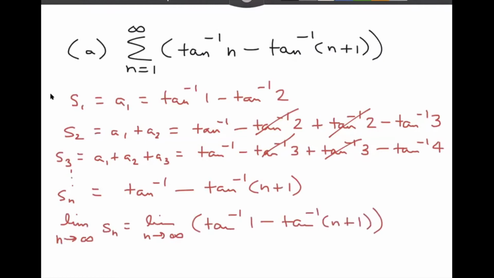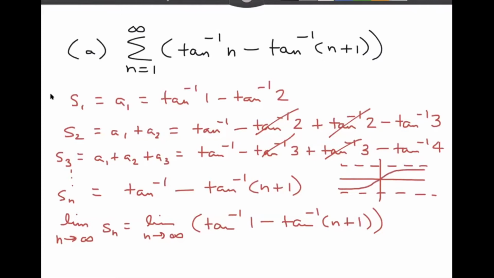Now, do you remember what happens to the inverse tangent of n plus 1 as n approaches infinity? I'll give you a hint. It's the same thing that happens to the inverse tangent of x as x approaches infinity. Remember the graph of the inverse tangent function? It has a pair of horizontal asymptotes. And the graph does something like this.